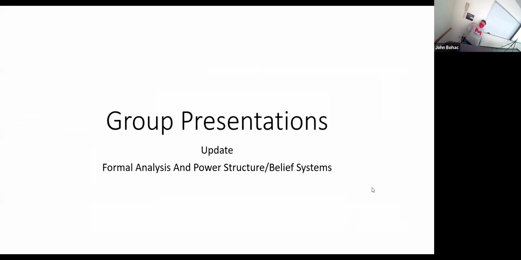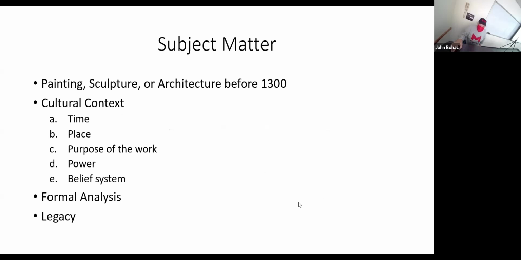And so part of this prompt for the group presentations is about formal analysis and power structure belief systems. And I kind of combined these two together.